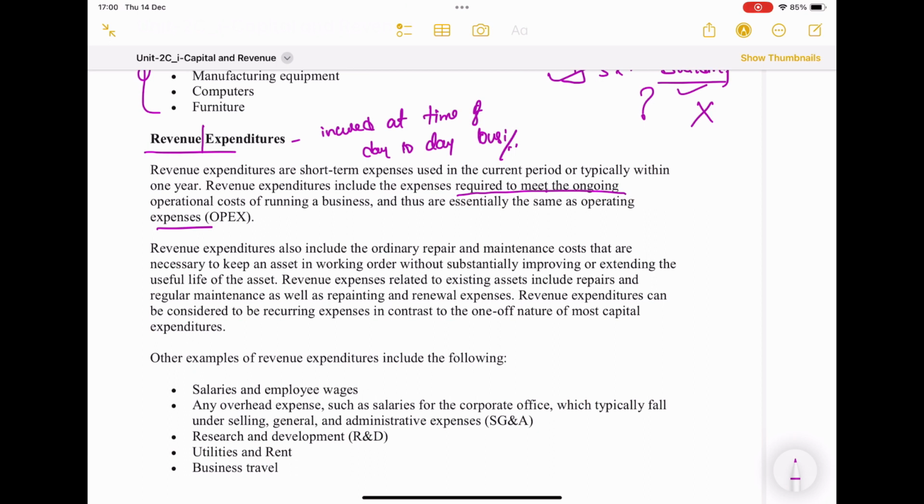Those expenditures are recurring in nature, and they support the business activities by meeting the short term expenses of the company.